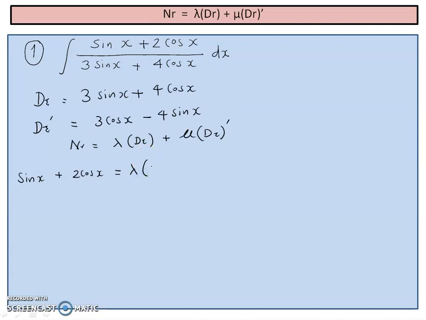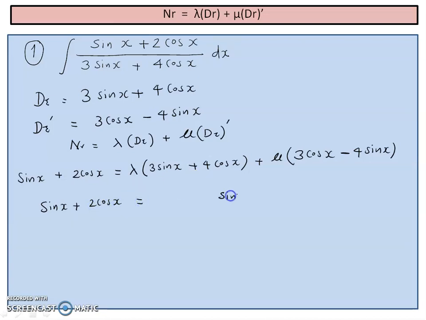Denominator कितना है? 3 sin x plus 4 cos x, plus mu into dr dash, 3 cos x minus 4 sin x.